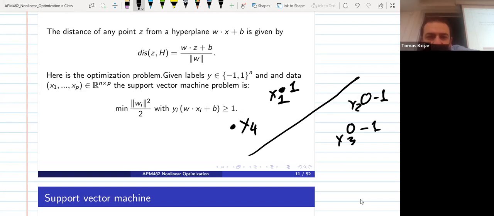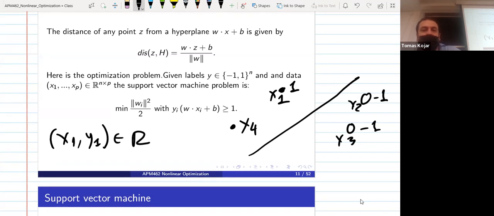I should use a different notation, but no, it's okay. So this is a tuple, right? So (x1, y1) is a tuple, okay? And the x guy is some point in R^n, and the y guy is either a 1 or minus 1. Okay, so they come with labels.